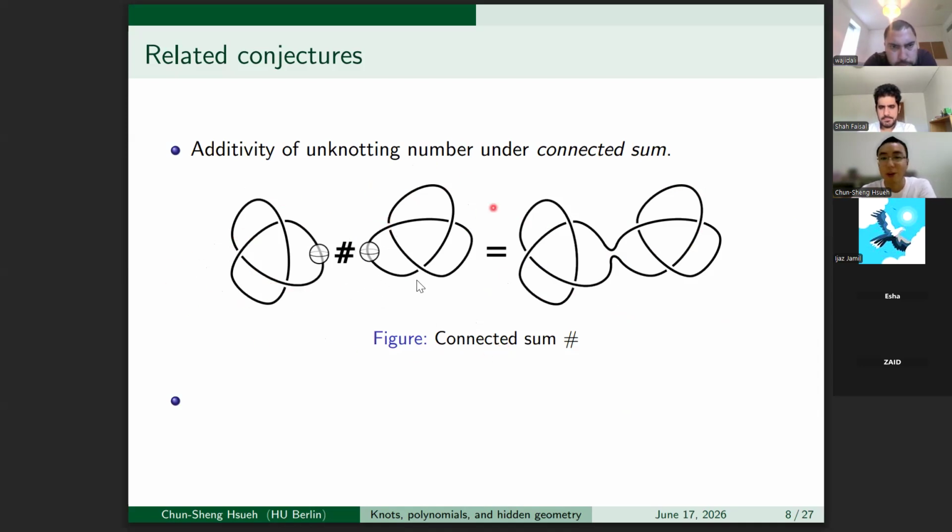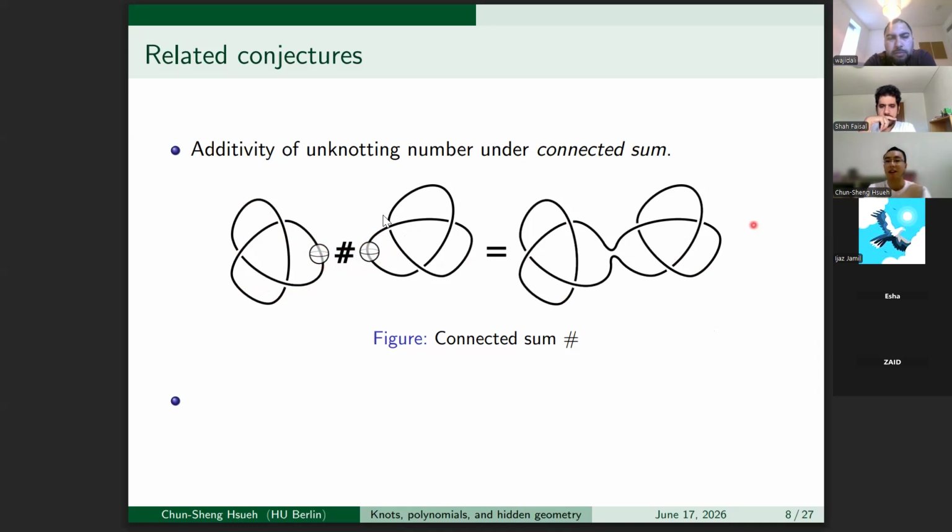I think the picture is quite clear. Here, in this case, I have two copies of the same knot, both again the trefoil. I pick a little ball around each where it intersects my knot in a very trivial arc. I pick two such balls and then I merge them: this endpoint enters the other knot from here and it runs around and then goes from here to here. So this is my new knot. This is called the connected sum.